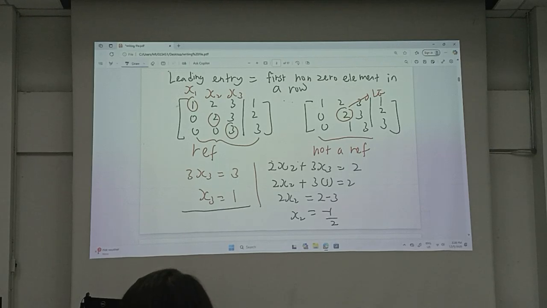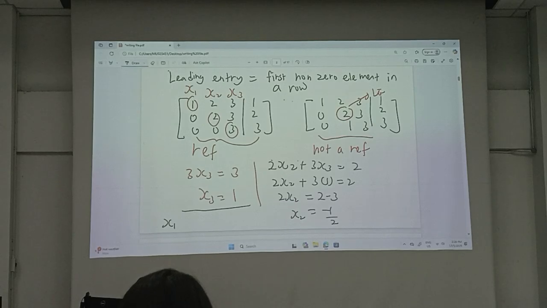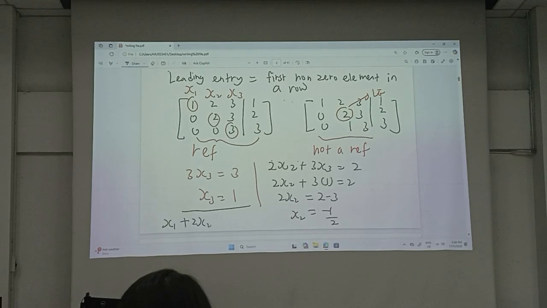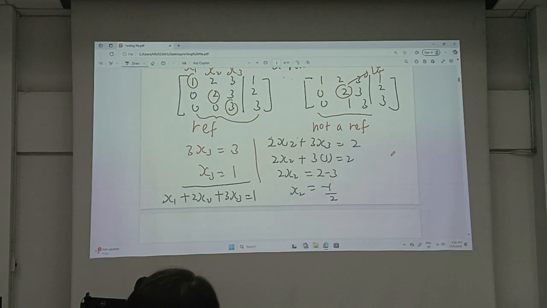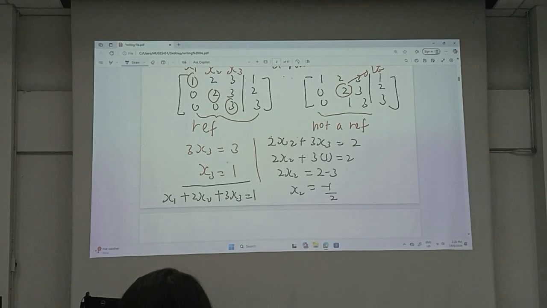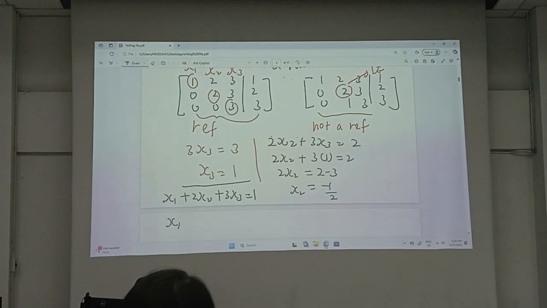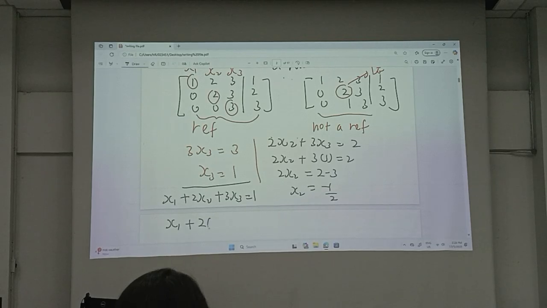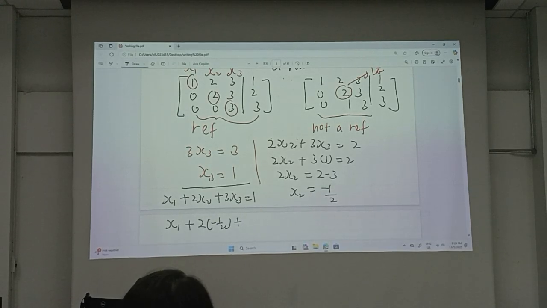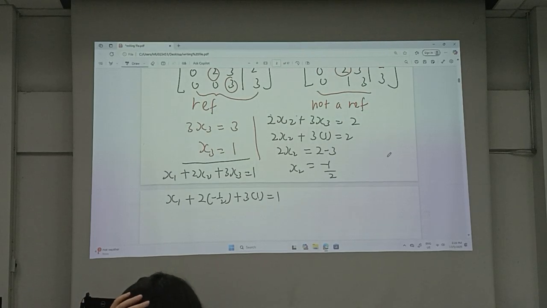And then move on to the first row. 1 times S1, 2 times S2, 3 times S3 equals 1. S2 and S3 we have found out, so just plug in. Cancel off, we get negative 1.